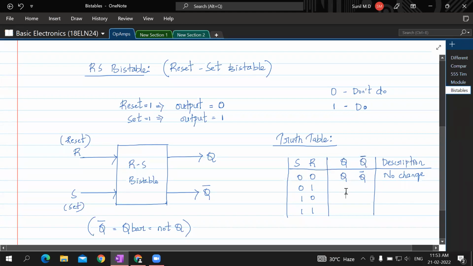Fine. Now, as we read, set equal to 0 means don't set, reset equal to 0 means don't reset. So if you have understood this combination of input, what is the second combination of input telling you? Set is 0, reset is 1. So what is it asking us to do?